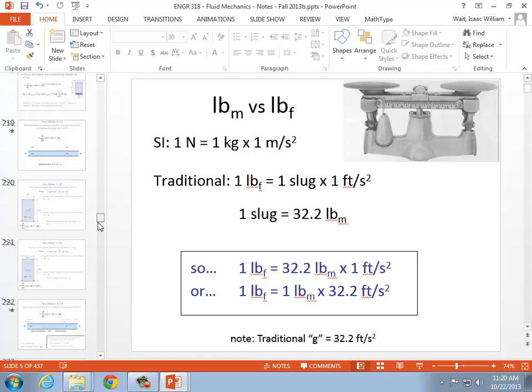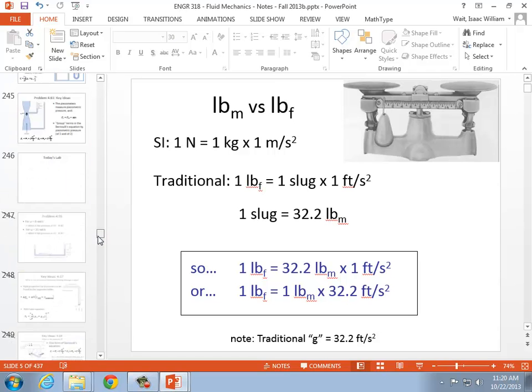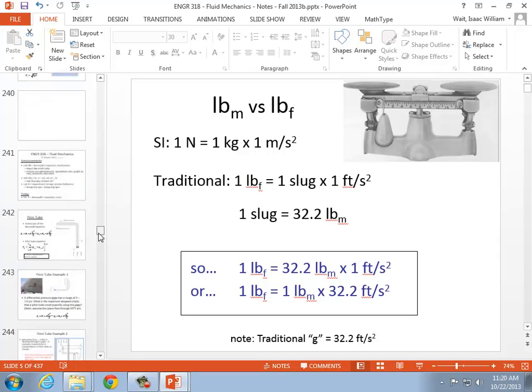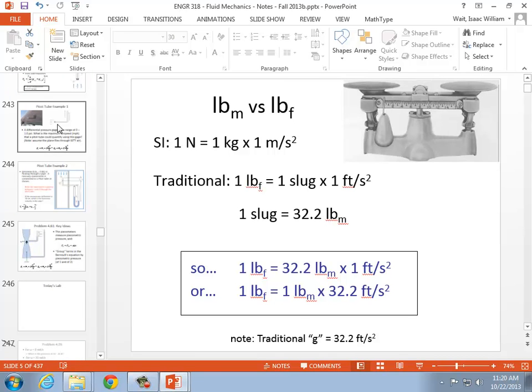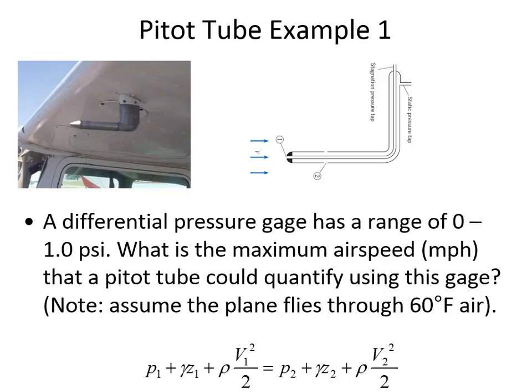All right, so let me jump back to the example here. What we had is the density out of the back of the book defined in slugs, and from that we can get the unit weight of air in traditional units: 0.0764 pounds force per cubic feet. The maximum change of pressure that this gauge can measure is 1 psi.